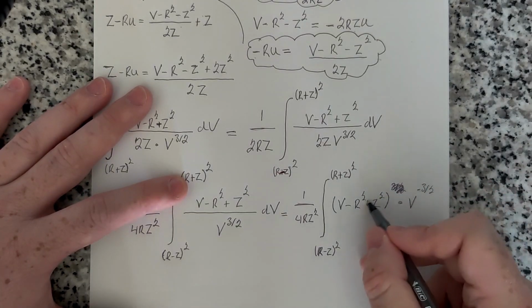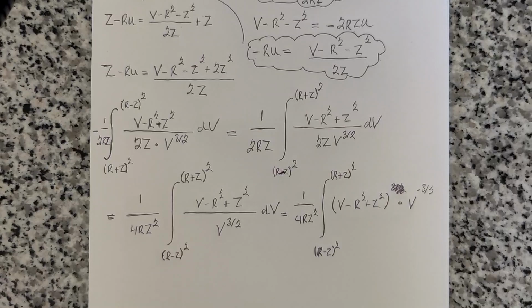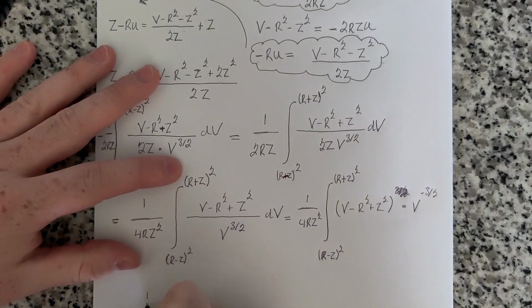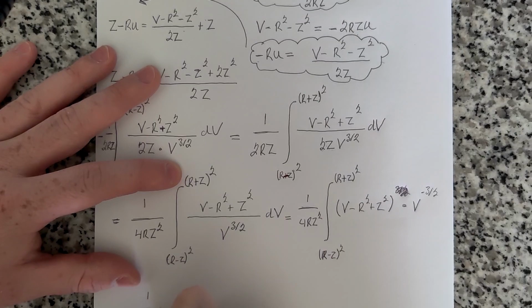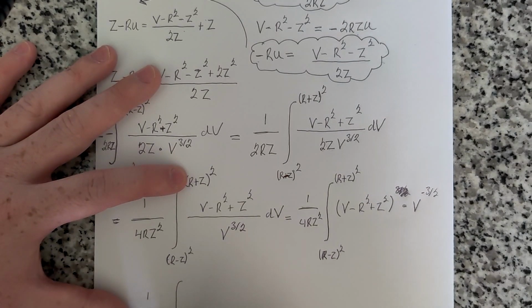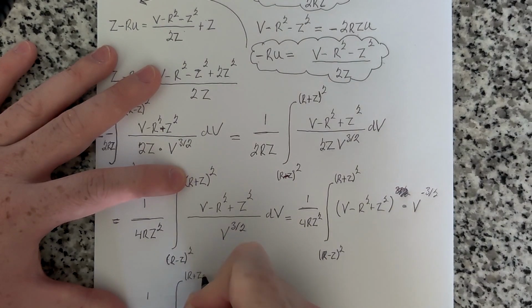So this is multiplying by all of that, and we can actually write this now as 1 over 4rz squared, with bounds from r minus z squared to r plus z squared.